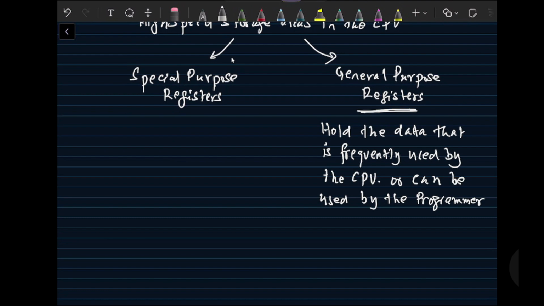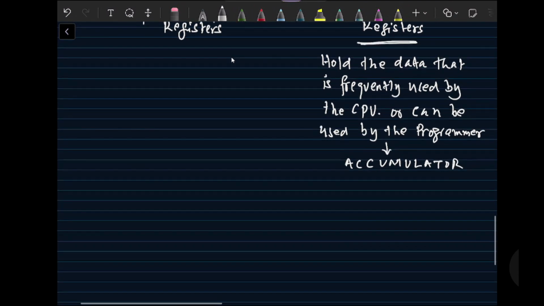And then a very common example of the general purpose register is the accumulator. This is one very common type of general purpose register.